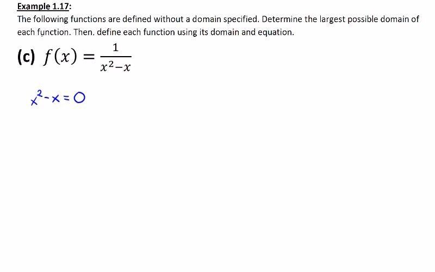In this situation, there is a greatest common factor of x. So I'd have x times x minus 1. And there's a property for solving that says if I have two factors multiplied together that are equal to 0, then I can set each one of those factors equal to 0 individually.